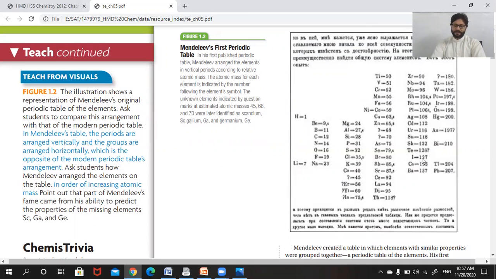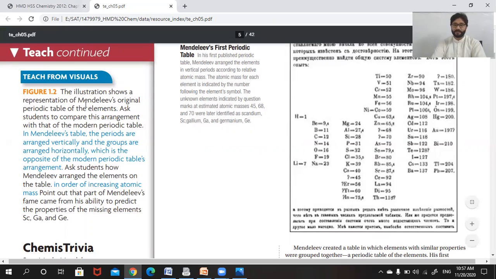Why did he place these elements in this order? Why didn't he place iodine on top of it, followed by tellurium? The answer is that although this contradicted the pattern of listing the elements in order of increasing atomic mass, it allowed Mendeleev to place tellurium in a group of elements with which it shares similar properties.